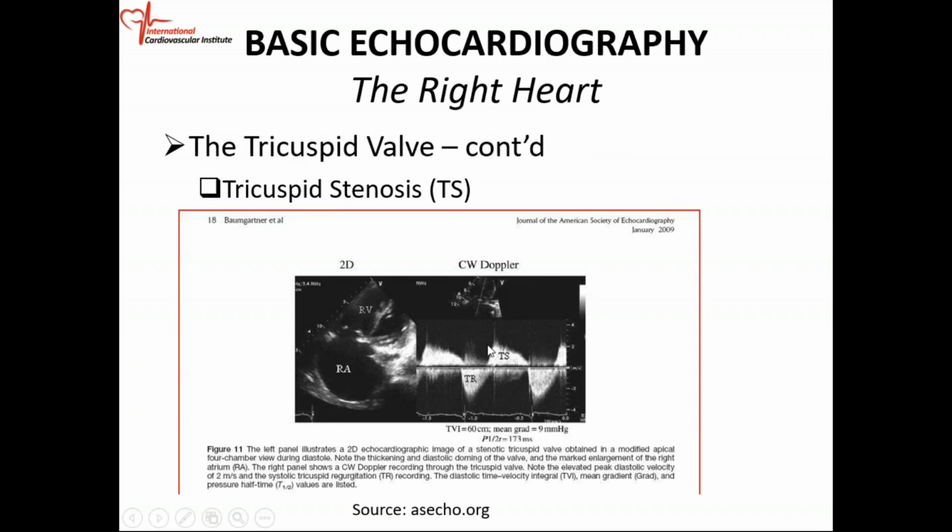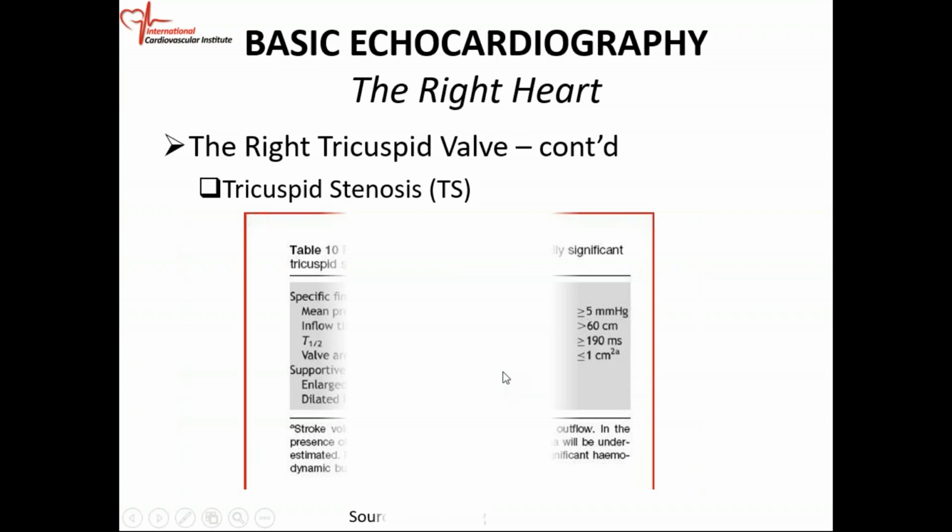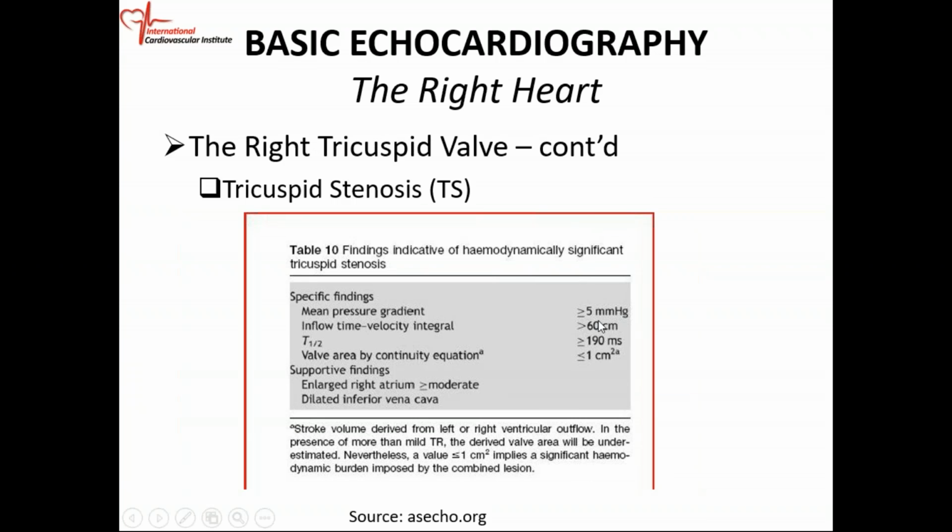So when you do planimetry of the tricuspid inflow, the mean gradient is greater than or equal to 5, the TVI greater than 60, or the pressure half time greater than 190. And if you calculate the valve area by the continuity equation, less than or equal to 1 centimeter squared. These are all findings of severe or hemodynamically significant tricuspid stenosis.